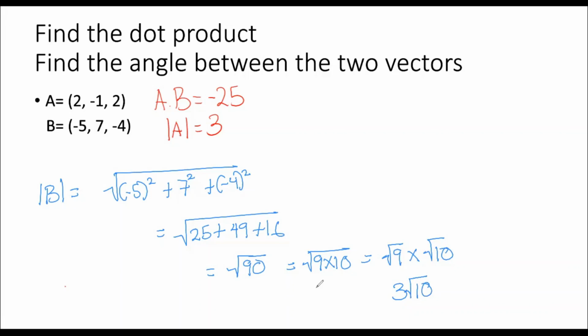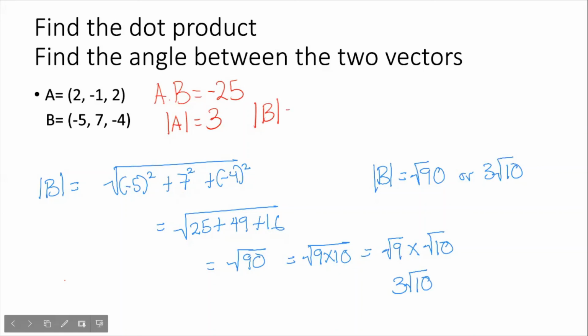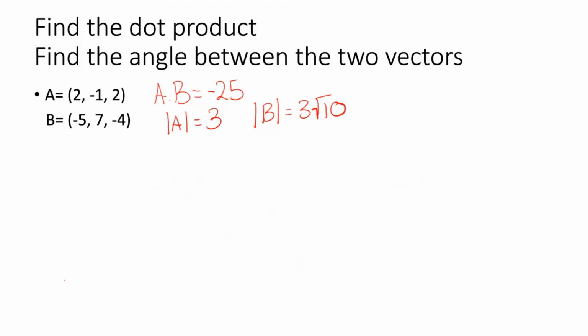So the magnitude of B can either be root 90 or 3 root 10. Some questions might put root 90, some might put 3 root 10, or might ask you to put it in short form. It depends on how you want to do it or how the question asks you to do it. So the magnitude of B here will be 3 root 10. Now we have all these values.